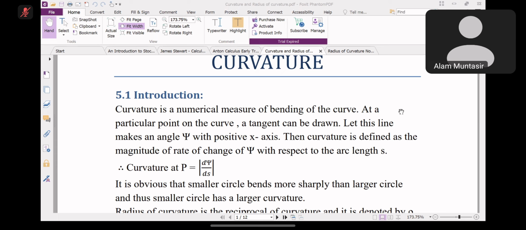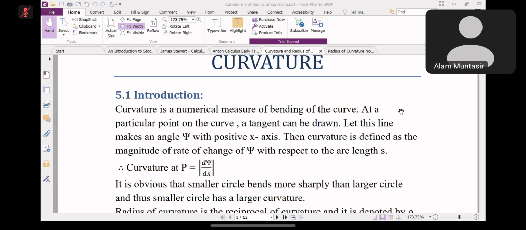At a particular point on the given curve, we can sketch a tangent, right? And let this tangent line make an angle psi with the positive x-axis. Then curvature is defined as the magnitude of the rate of change of the angle psi with respect to the arc length s.